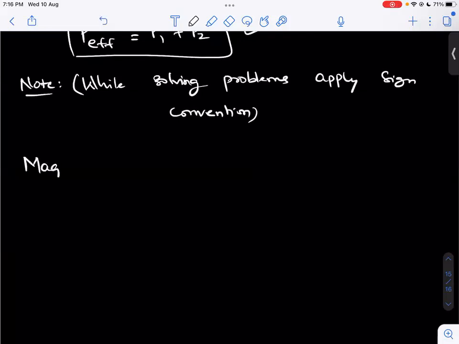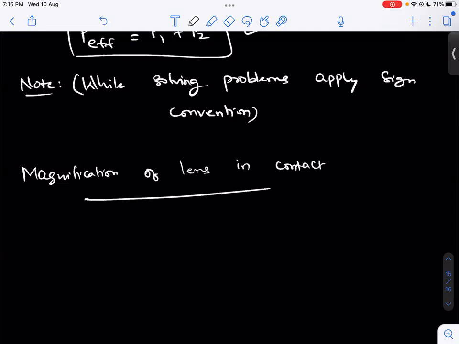So next point is magnification of lens in contact.